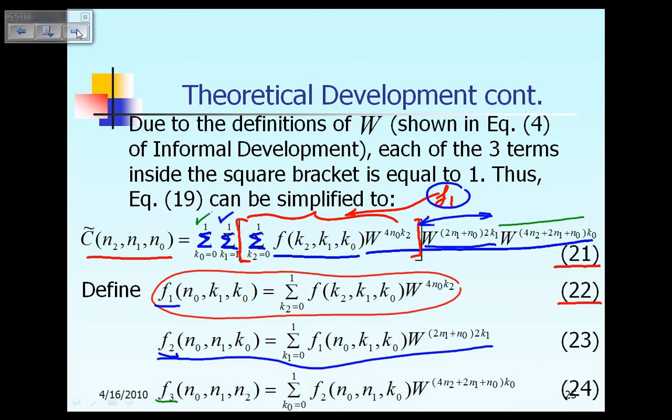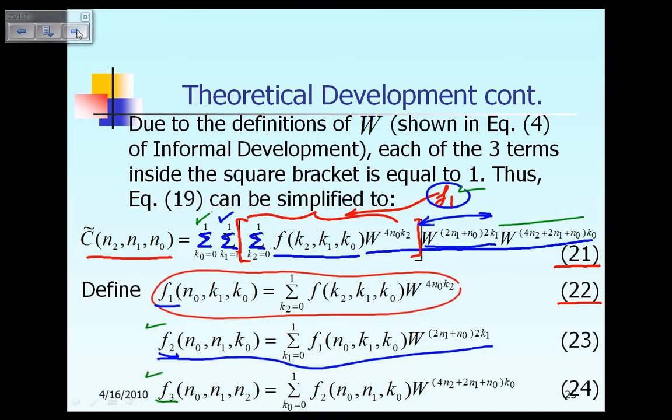So it's just like here, you calculate the intermediate vector corresponding to level 1 that I talked to you about earlier when we talked about the informal development of the fast Fourier transform. Here, we're talking about the computation of level 2 for the vector f2, and then finally computation of vector f3 for level 3.